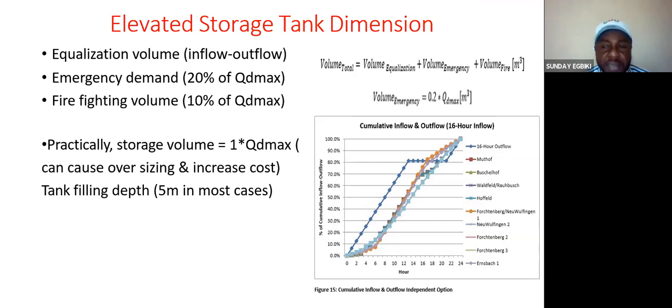That is over design. So you have to calculate the equalization value because of the consumption pattern and not take the maximum difference. That will not be the volume of your tank when you add the water for emergency. But the way you are doing it doesn't mean it's wrong, because you have already tried to factor in a value to size it. But at every point in time, the distribution line is equal to your distribution line. The tank might be empty at a point.